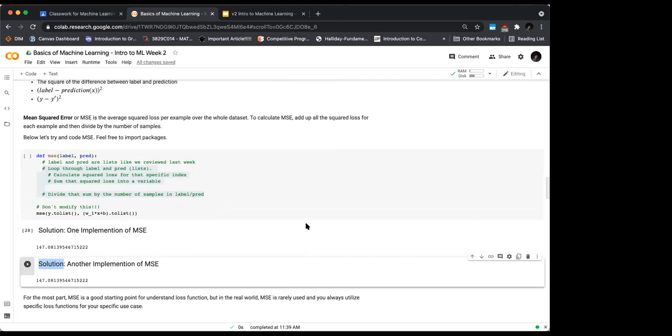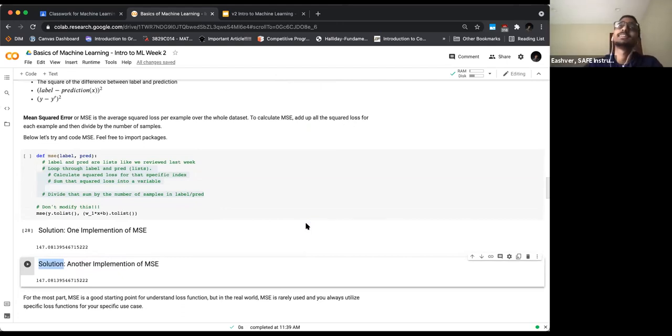This is pretty hard. Actually, 147 for 100 samples, and you're also squaring them, is pretty good, because squares can get really high. Actually, it's a mean, so it's fine by most standards.